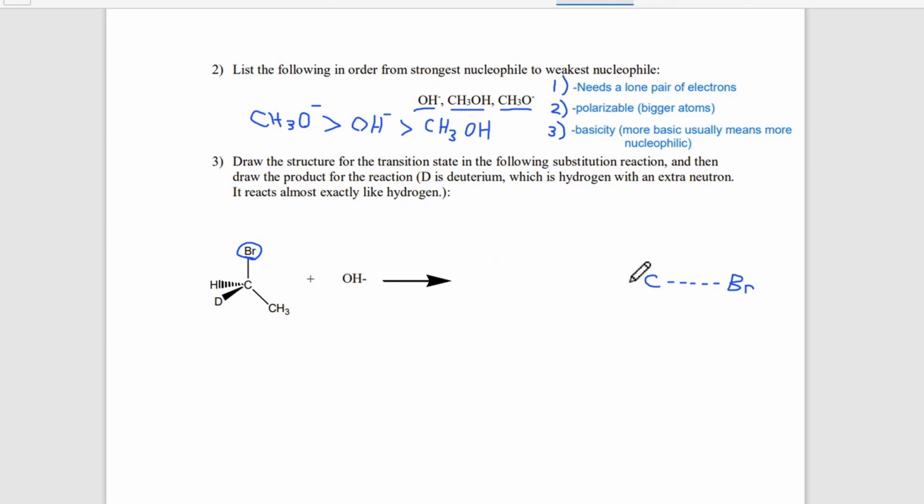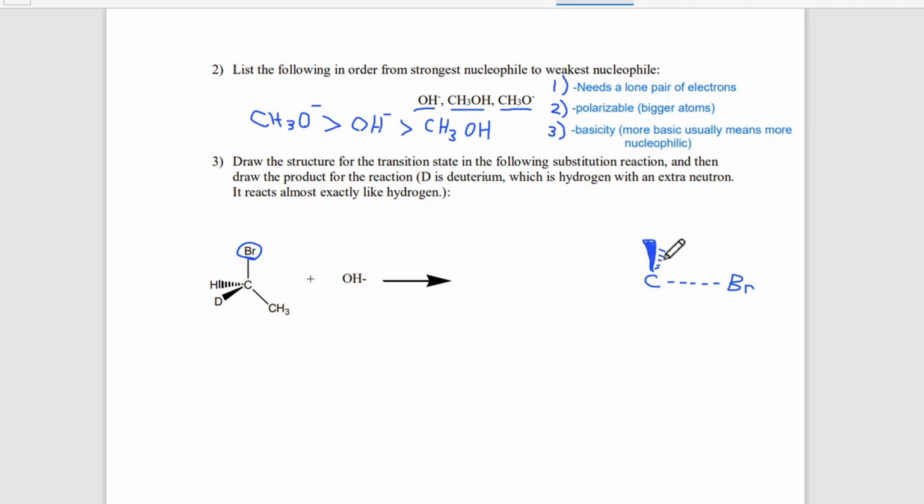And then the other 3 atoms that are connected to this originally are going to be in kind of a trigonal planar formation. So it's going to look kind of trigonal planar-ish. You can have 2 groups up, and you can have 2 groups down.